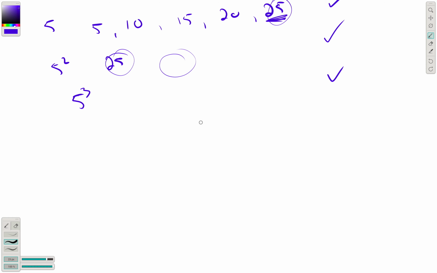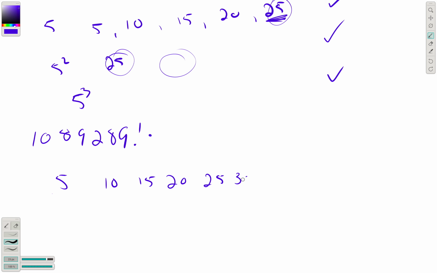So basically what we're doing is we have this huge n, let's say an enormous n, and we are computing its factorial. That is so big. So we have this huge list of numbers and we're counting all the things that are divisible by 5. So we got 5, 10, 15, 20, 25, 30, 35, 40.